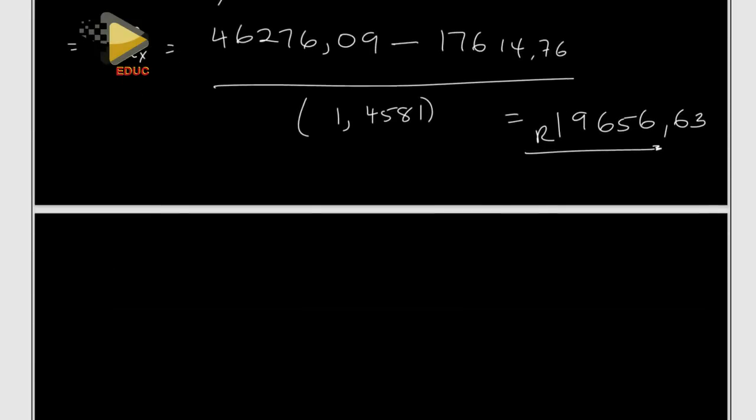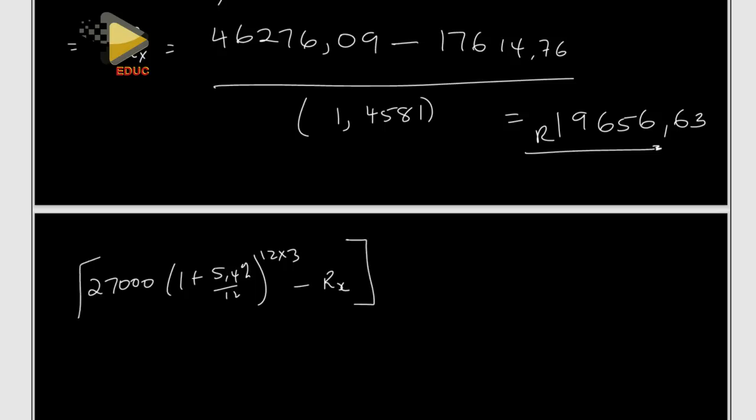Where you get the 27,000. It first grows at 5.4% for the first 3 years. Then the answer we get, we subtract the x, and then the whole balance now grows for 7 years.